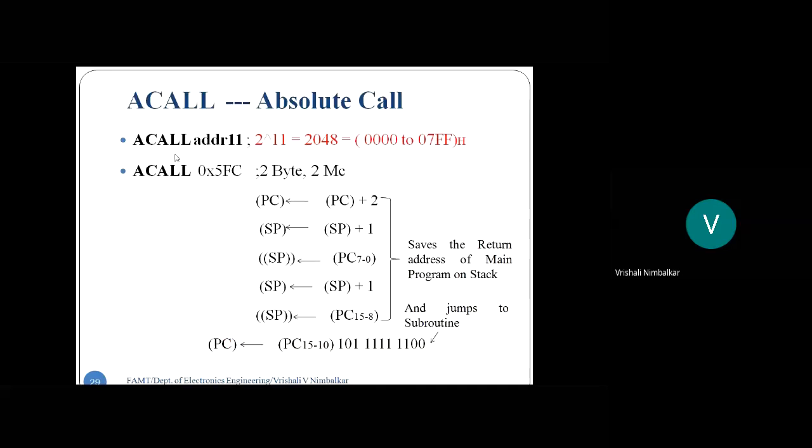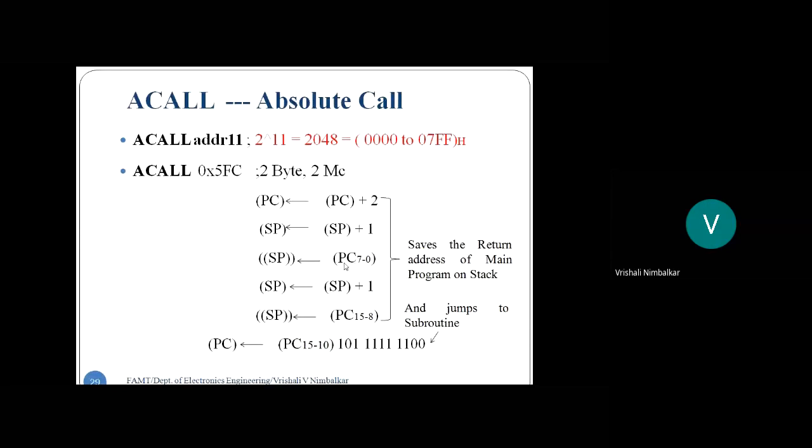And we took an example of absolute call. So how is the format? Absolute call and mention an 11-bit address of the subroutine. Why an 11-bit address? Because the absolute range is of 2 KB memory. While executing the call instruction, PC plus 2 gives the return address, and then save the return address on the stack. While saving, increment the stack pointer first and then save the address.